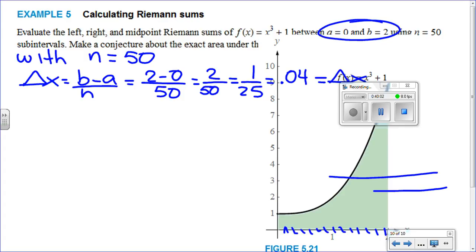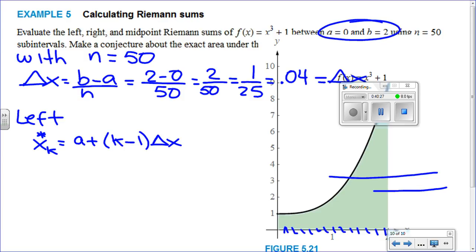Picture that. Okay, so then for the left Riemann sum, the way we're going to find those points is with that formula, a plus k minus 1. Remember, we go 1 back, and then we multiply that times delta x. So let's figure out what we have here.